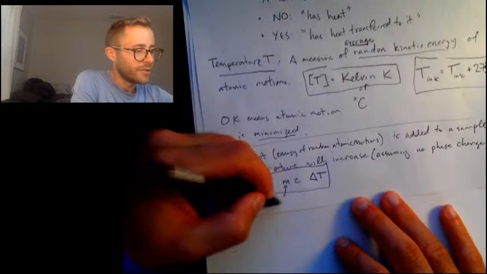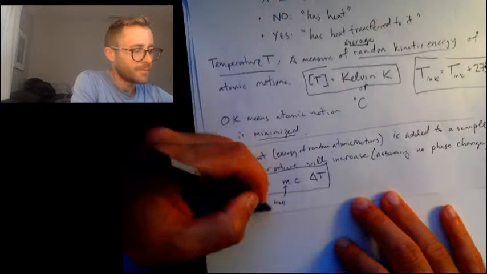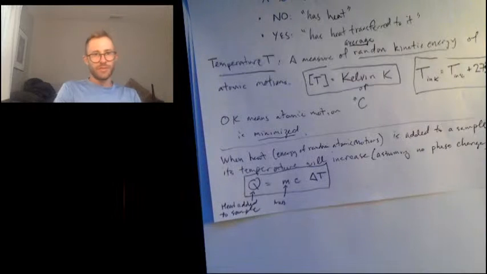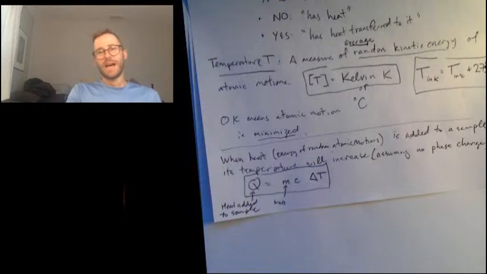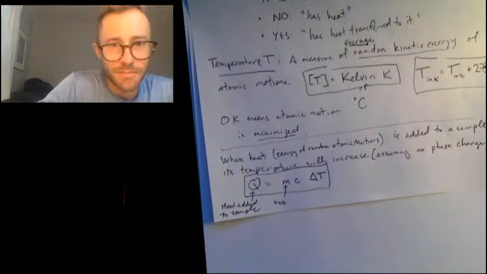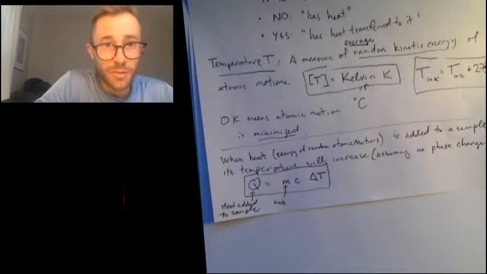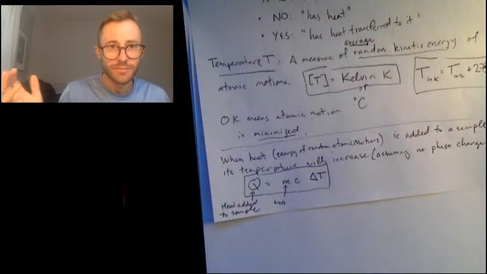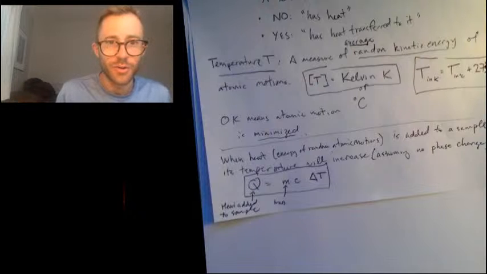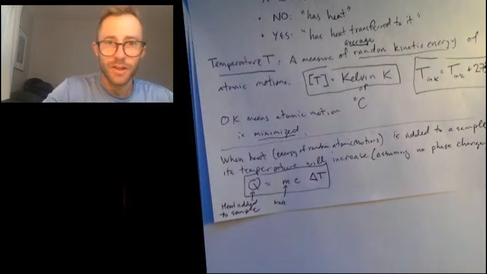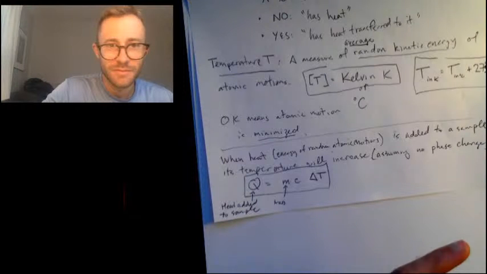M is the mass of the sample. How much effect adding heat to a sample is going to have on the sample depends on its mass. If you think about adding heat to the ocean, the ocean has so much mass that it's not really affected by heat.